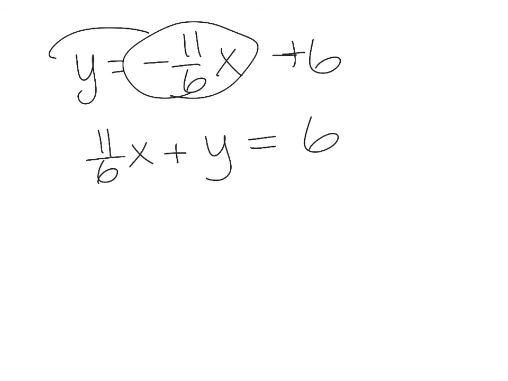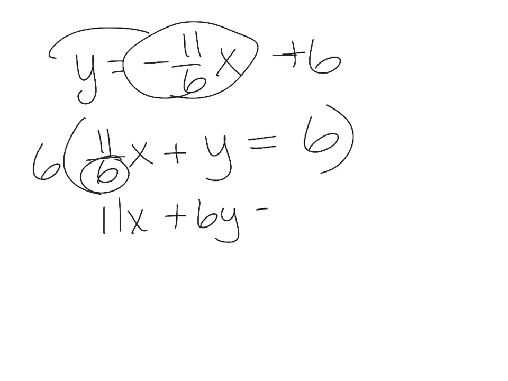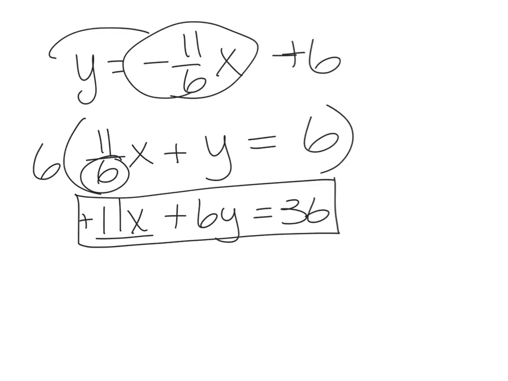Get rid of my fraction, step 2, so I'll multiply everything by the denominator. So I'm left with 11x plus 6y equals 36. So now I have x and y on one side, my constants on the other. I do not have any fractions, and my x is positive. So that's standard form.